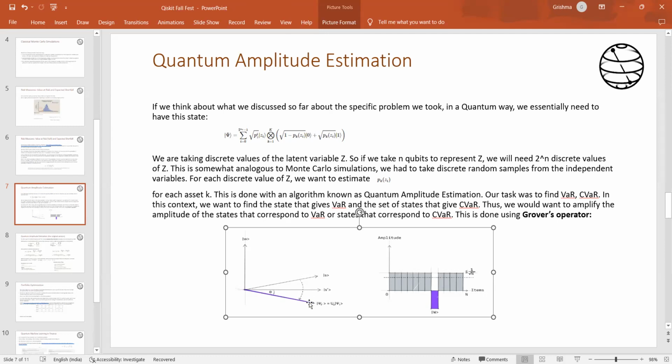And then you reflect this state, the state which is represented in violet here, about the superposition state that you get here, and your state eventually would land up here somewhere closer to the winning state. You repeat this process of the reflection about the superposition state several times so that it gets closer and closer to the winning state.